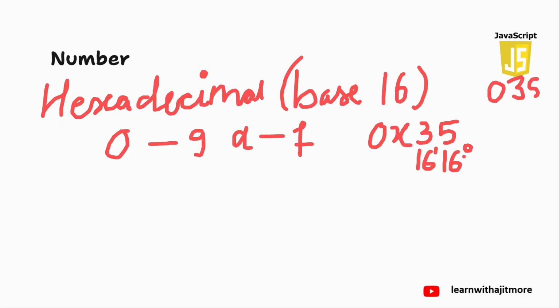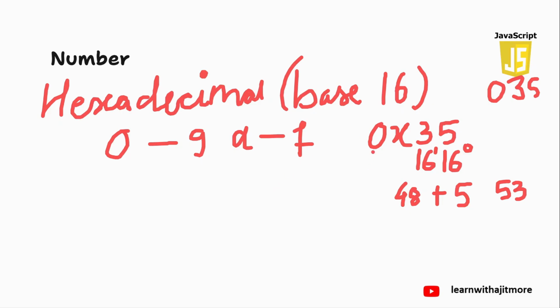Getting it? So 16 raised to 0 is 1, 1 into 5 is 5, plus 16 raised to 1 is 16 into 3 is 48. So you'll get 48 plus 5, 53. So this is 53 in decimal, which is 0x35 in hexadecimal.